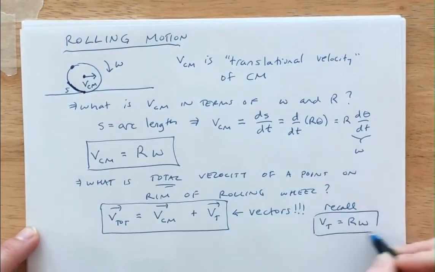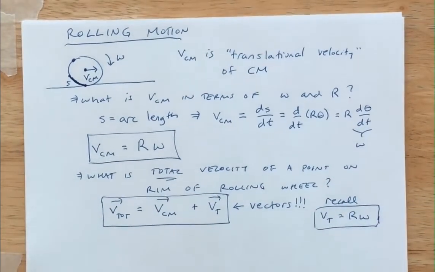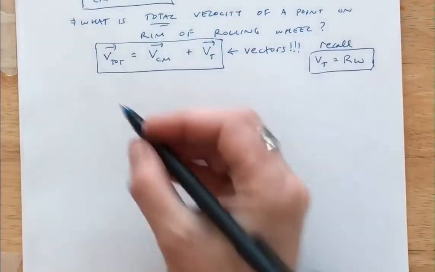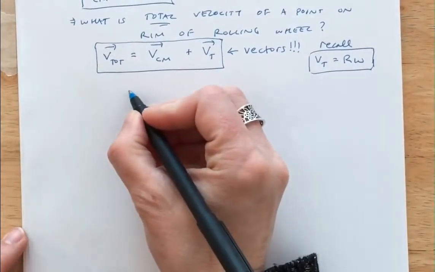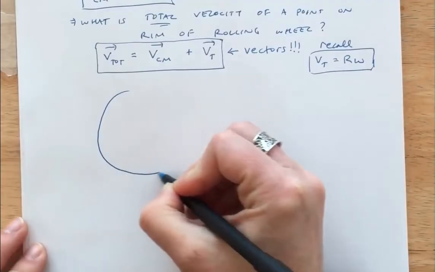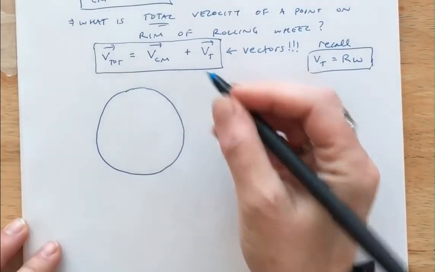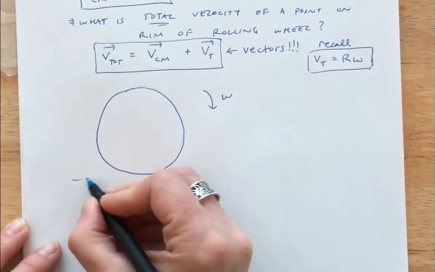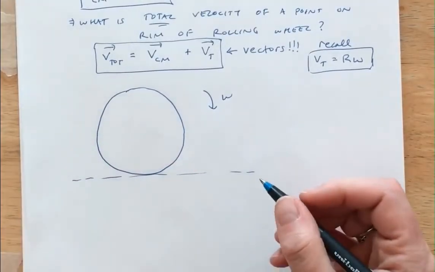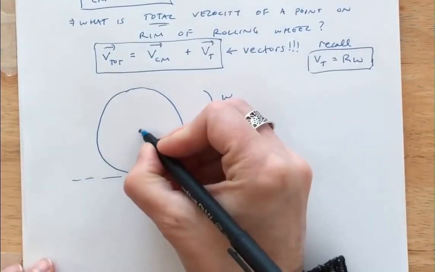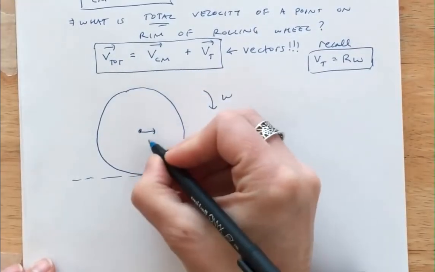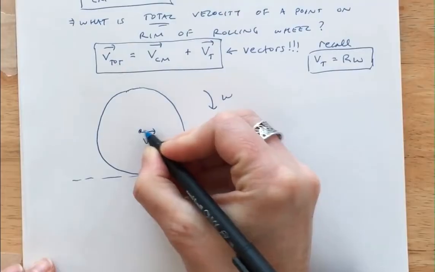So using these, we can now draw a picture of a wheel. If I draw a larger wheel here, and again it's rolling with some omega, and here's the ground, then at the center there's no tangential velocity, so that would just be v sub cm of that one point.